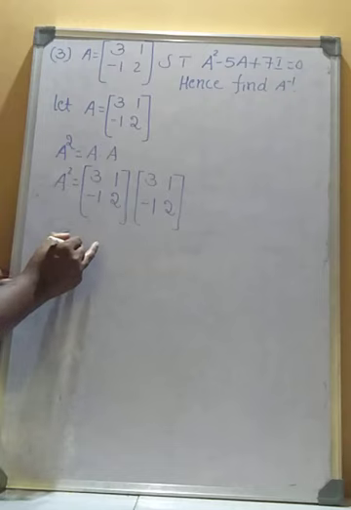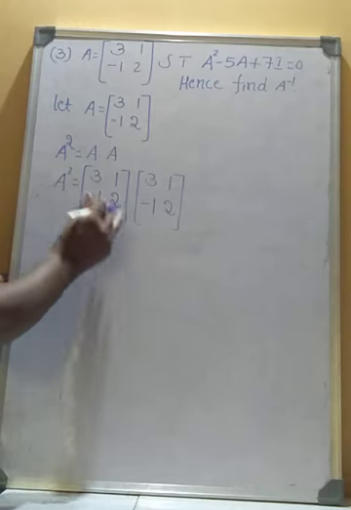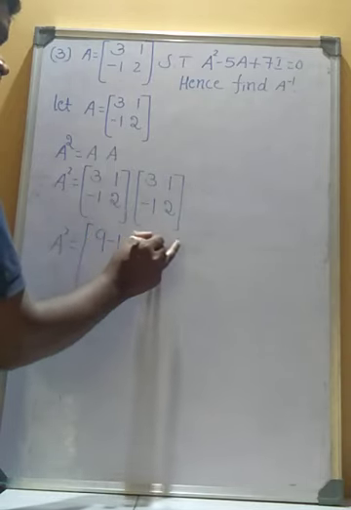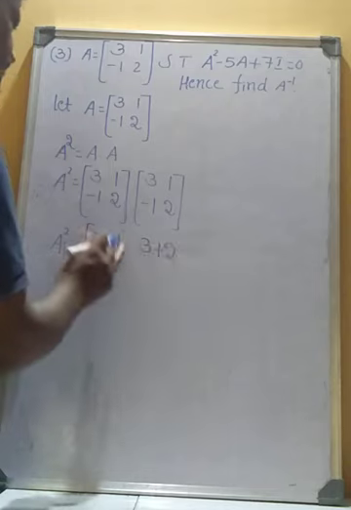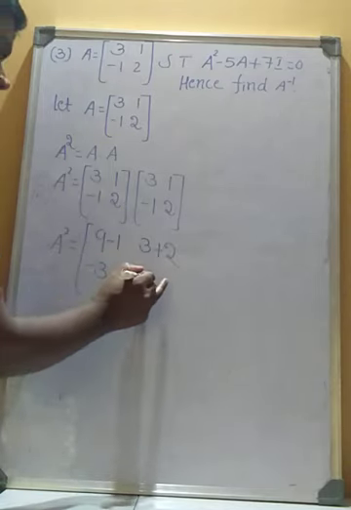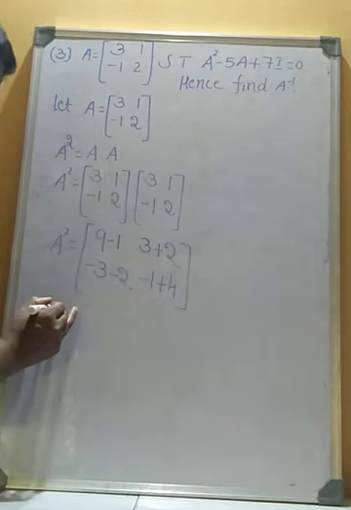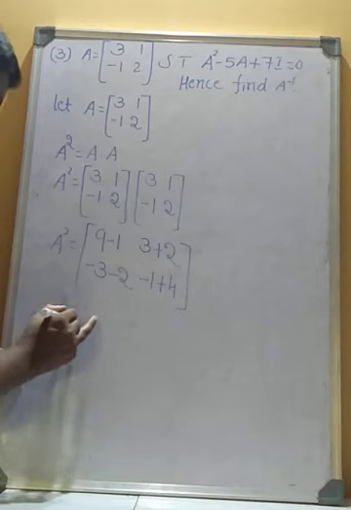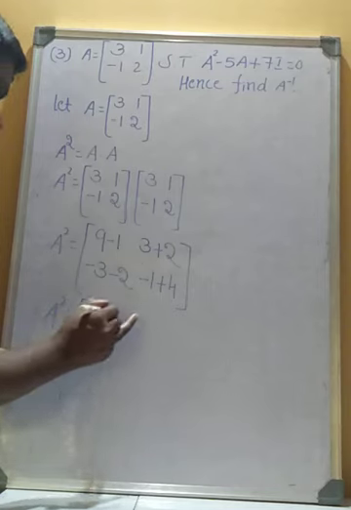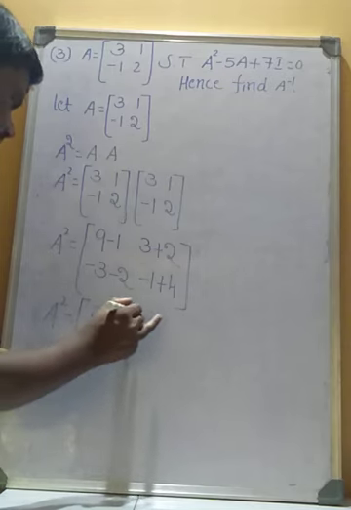Therefore A square is equal to 3 3s are 9 minus 1, 3 plus 2, minus 3 minus 2, minus 1 plus 4. Therefore A square is equal to 8 5, minus 5 3.